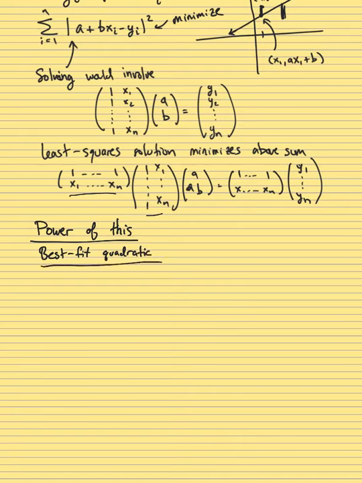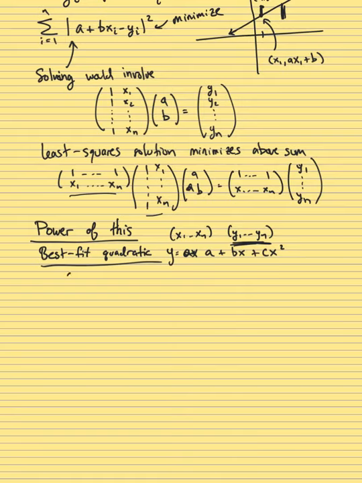We have points, let's just say in R2, with y1 up through yn. We're trying to find a plus bx plus cx squared. So we're trying to find a quadratic equation like this, which again minimizes the difference of the y values versus the plugged-in x values.